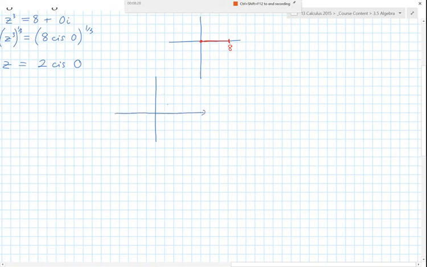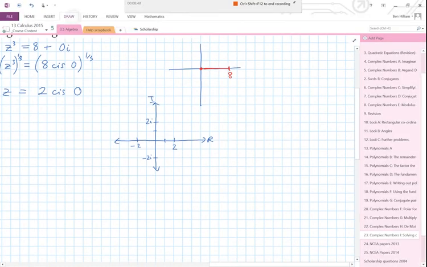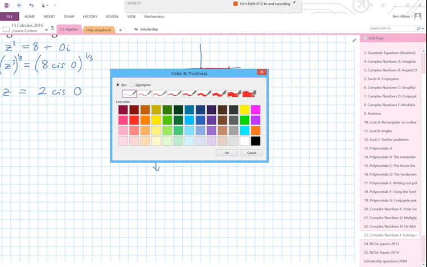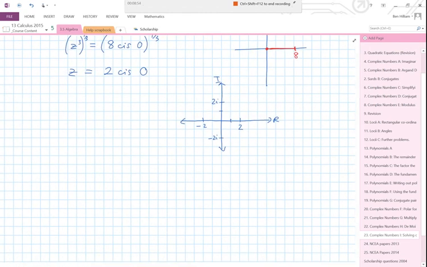And so 1, 2, so that's 2i there, 1, 2, so 2, so that's real, that's imaginary, negative 2i and negative 2. Okay, and in a different colour we'll draw that result. And so 2 cis 0 is going to be here.